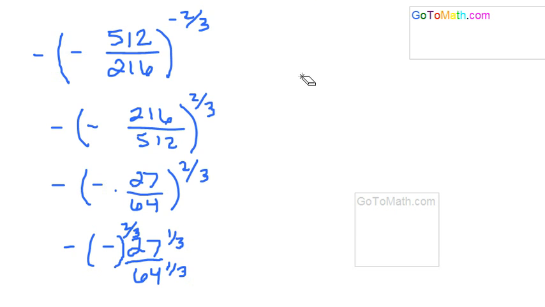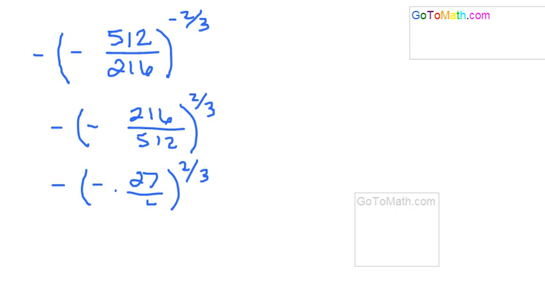Okay, things have gotten way too sloppy. What was this down here? 64? Yeah. 64. Okay. Now this negative, we'll just use it up in the numerator here.